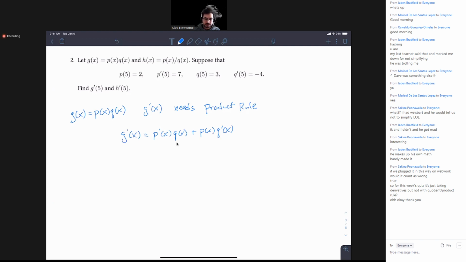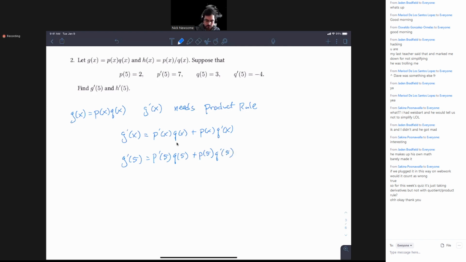But now we're interested in what is g prime of 5. So if I plug in 5 for x here, I plug in 5 for x everywhere. So g prime of 5 is going to be p prime of 5 times q of 5 plus p of 5 times q prime of 5.